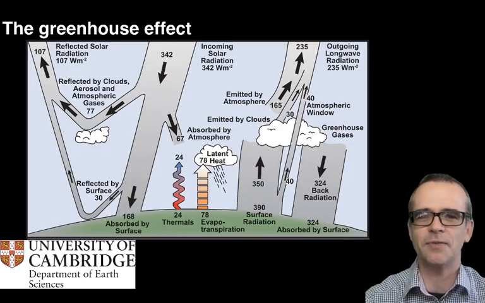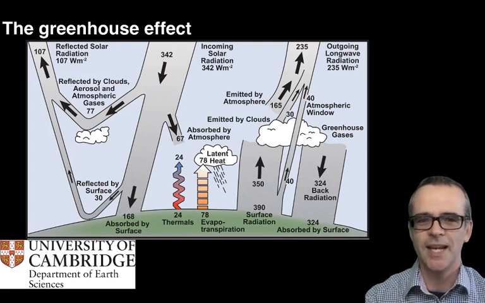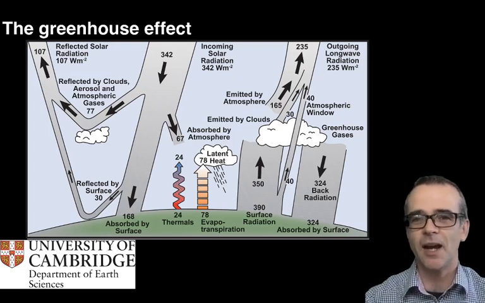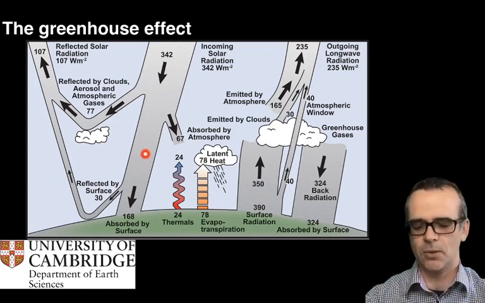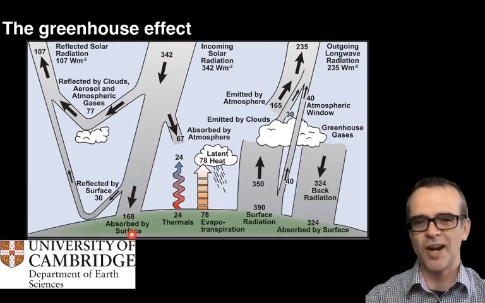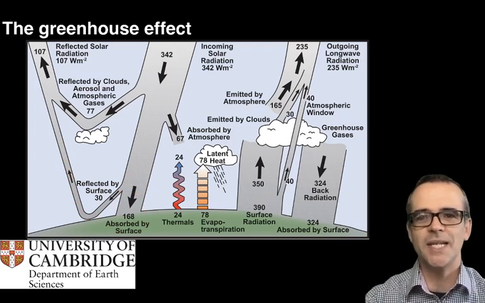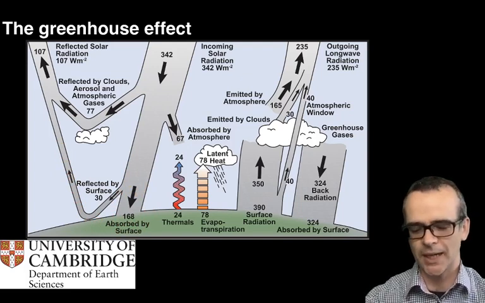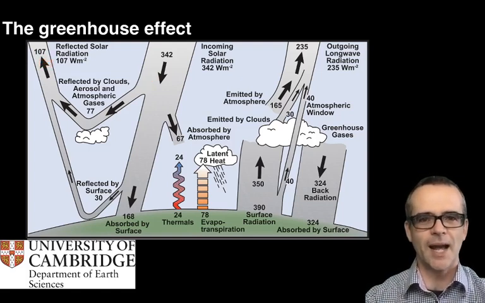And so the greenhouse effect, which I'm sure you know something about, the science of it. This is just an image taken from the IPCC report on climate change, where we've got an amount of incoming solar radiation. Some of that solar radiation is absorbed by the surface, some is reflected back by the surface. That was that albedo term, which I mentioned very quickly in that energy balance equation. And some energy is reflected back from the planet from clouds.